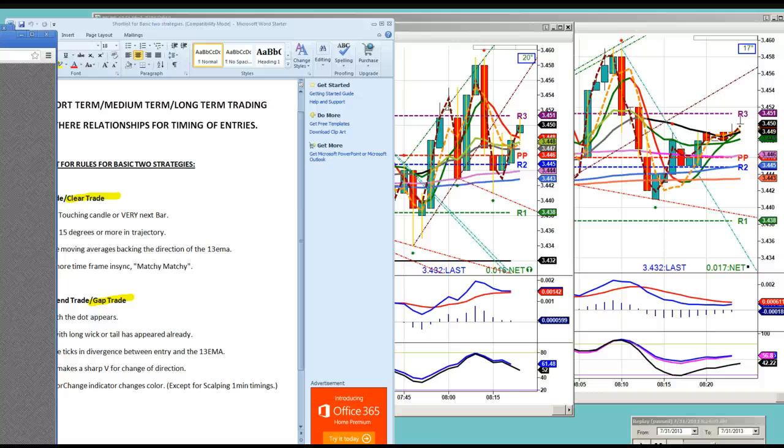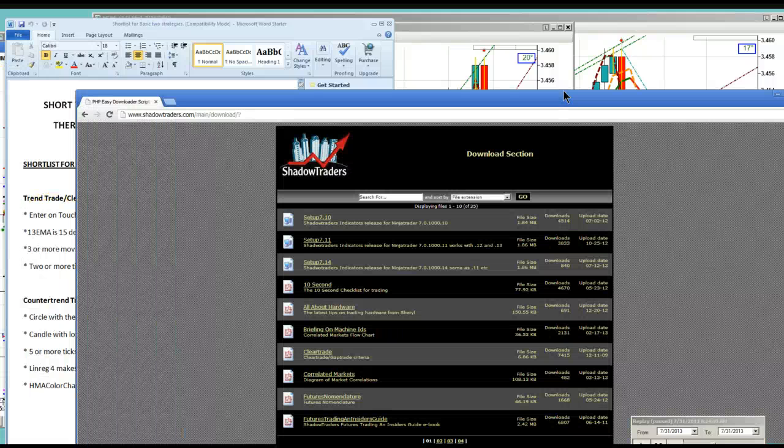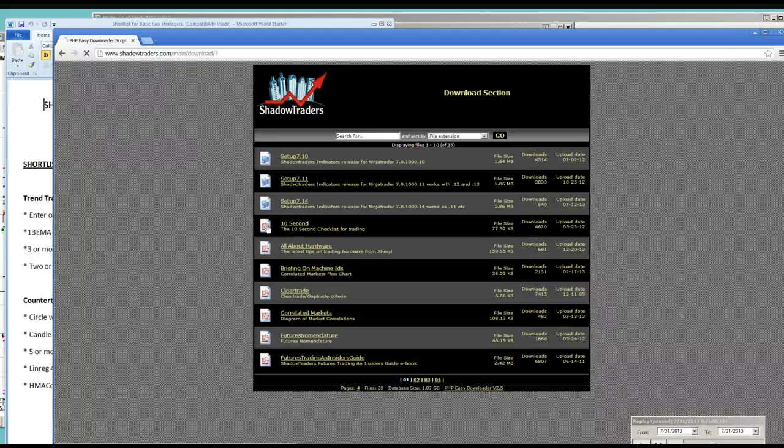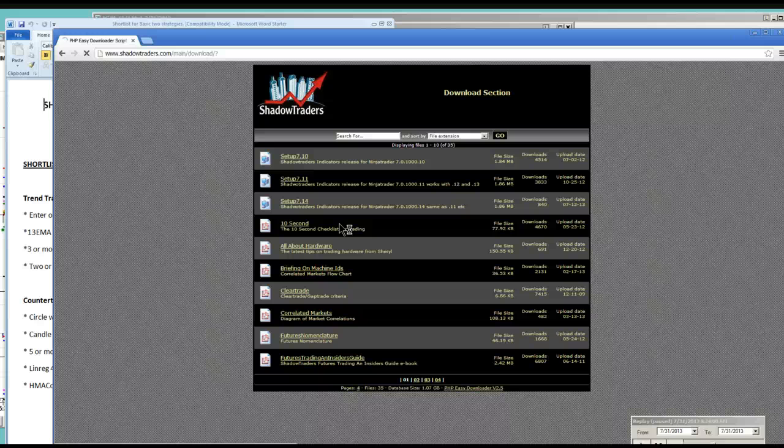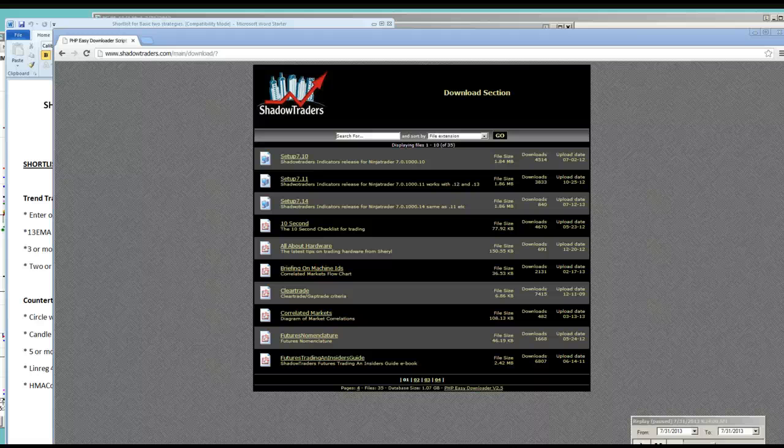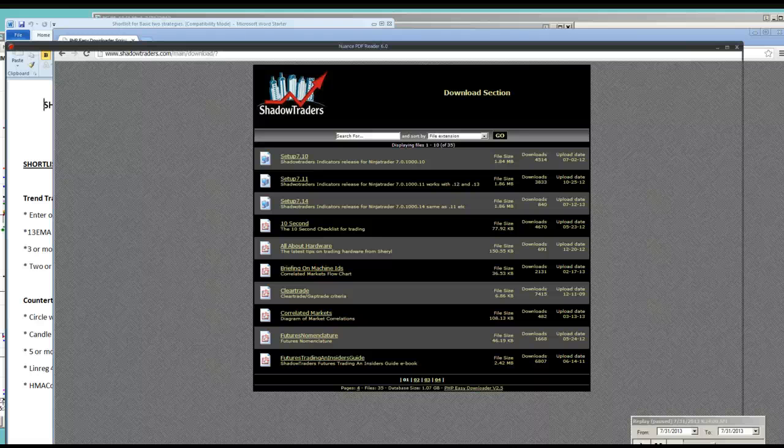One of the documents gives you the rules for the two basic strategies, our clear trade and our gap trade, which is really a trend trade and a counter trend trade. It's all listed in this 10-second document. So you want to load up this document, and I've created a short list of these rules. These are the rules for the basic strategy.